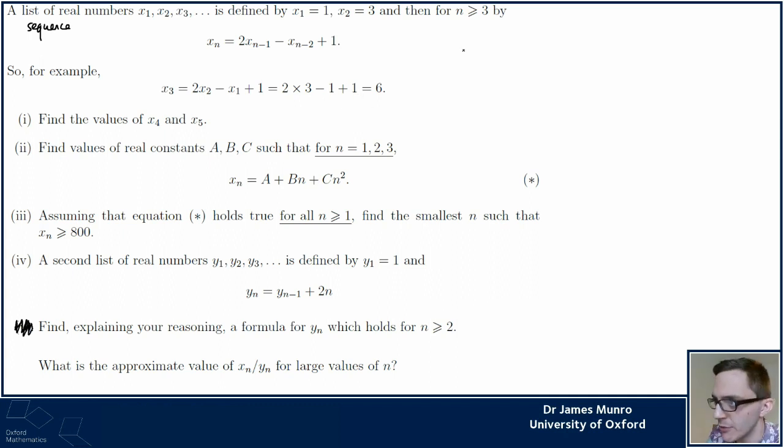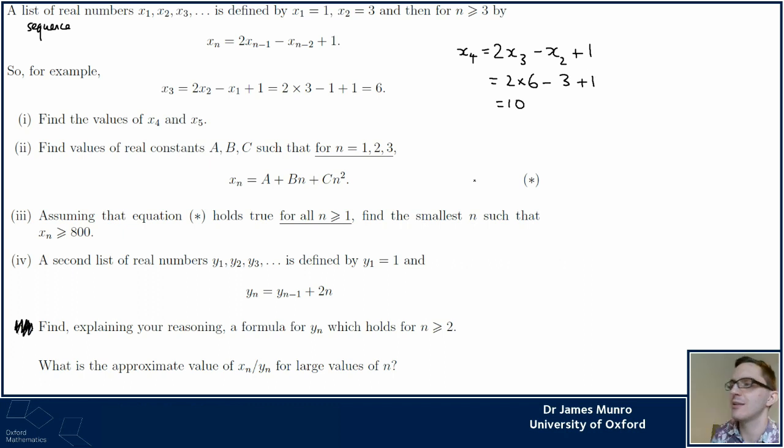Okay, so I'm going to write out what x4 is by using n equals 4. So it's going to be 2 times x3 minus x2 plus 1. Okay, and we know what those values are. That's 2 times 6 minus 3 plus 1. 12 take away 3 is 9, plus 1 is 10.